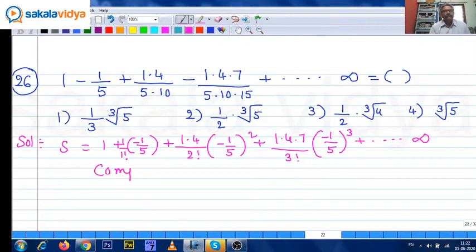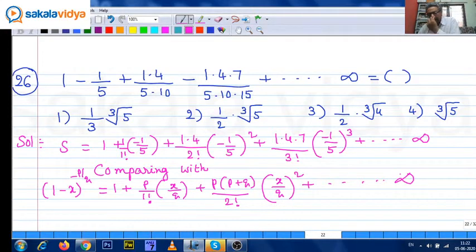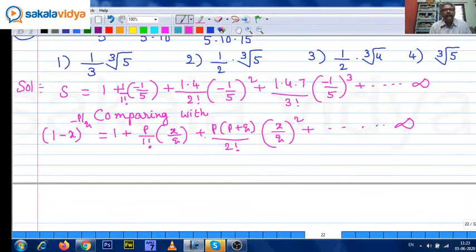Comparing with (1 minus x) to the power of minus p by q, which is 1 plus p by 1 factorial times x by q plus p into (p plus q) upon 2 factorial times (x by q) whole square plus and so on to infinity, we can write p stands for 1, p plus q stands for 4, that means q equals 3.